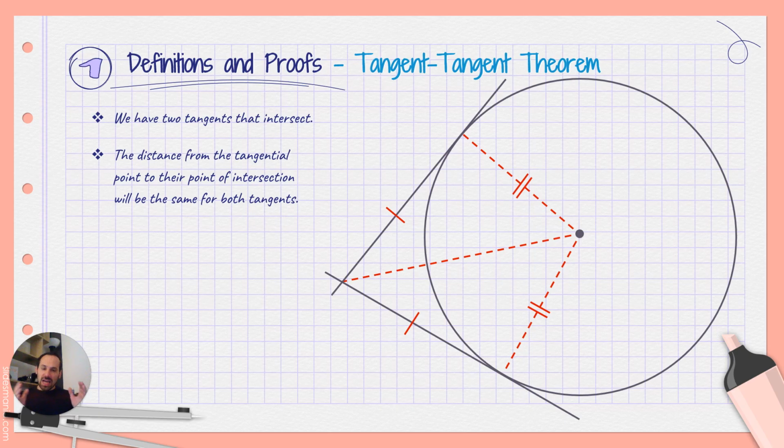And we know they both meet at right angles here. So, okay, let's think back to our trigonometry. What we've got here is two triangles that have two sides in common, and they have an angle in common.